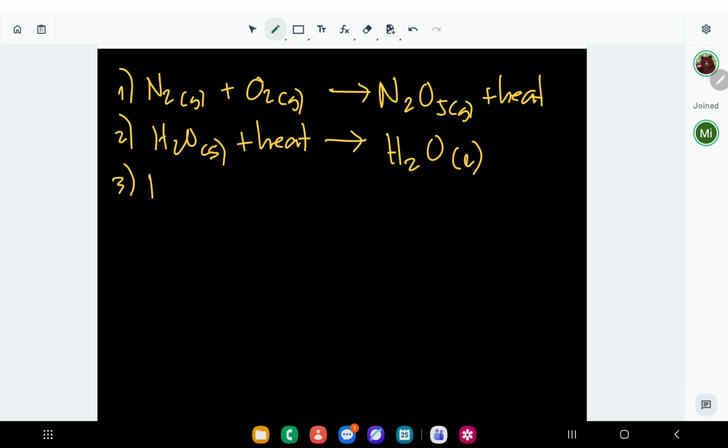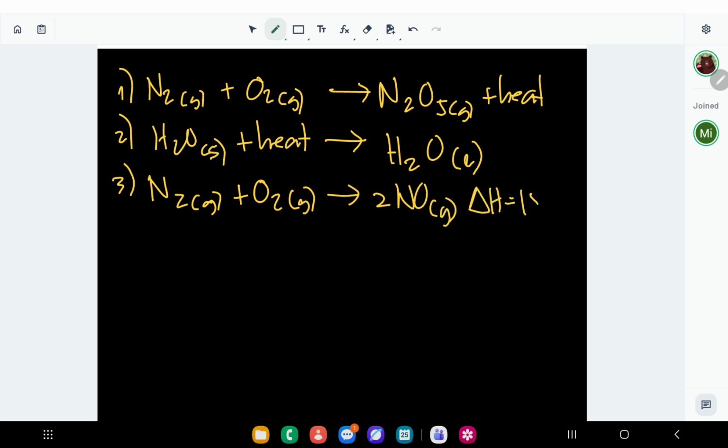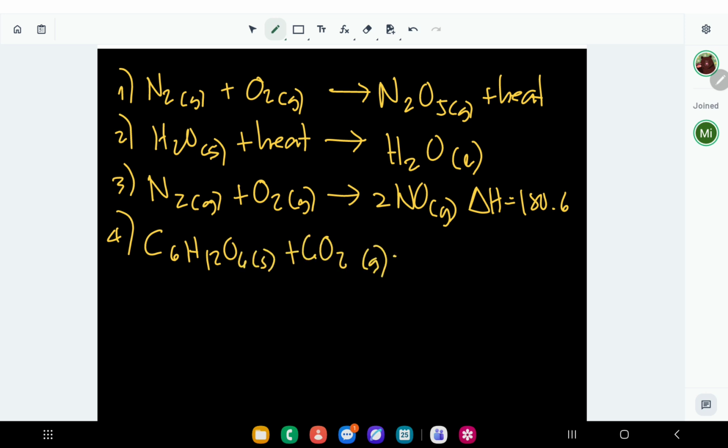Number 4, we have C6H12O6 solid plus oxygen gas giving carbon dioxide gas plus water liquid, and delta H here is negative.